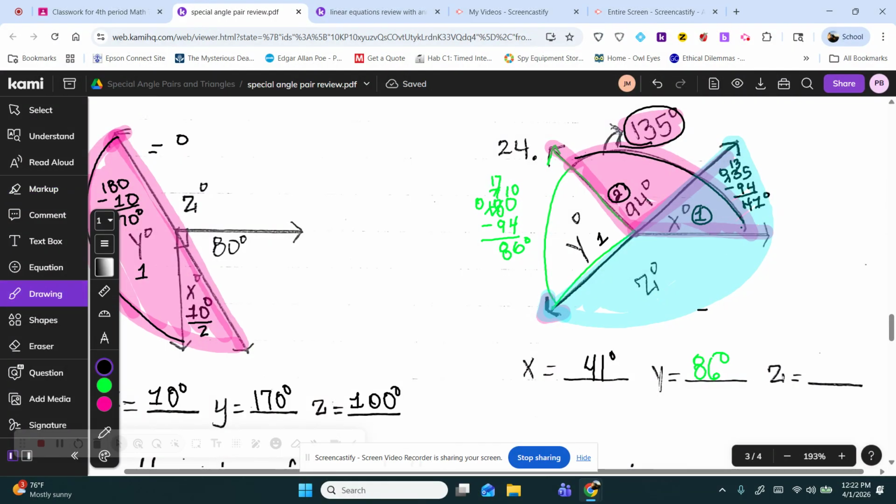But all of this equals 180. So if I knew that this is 41 degrees, but all of this is 180, all I have to do is 180 minus 41, which is 139 degrees for Z.